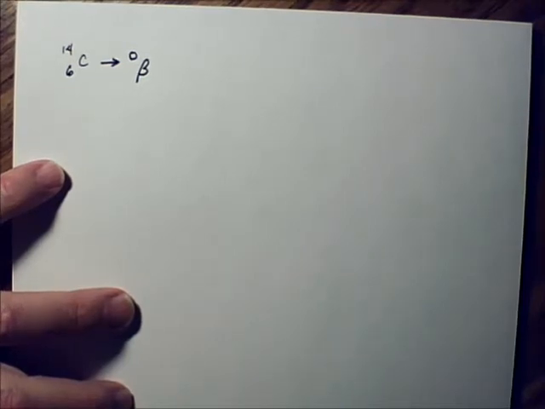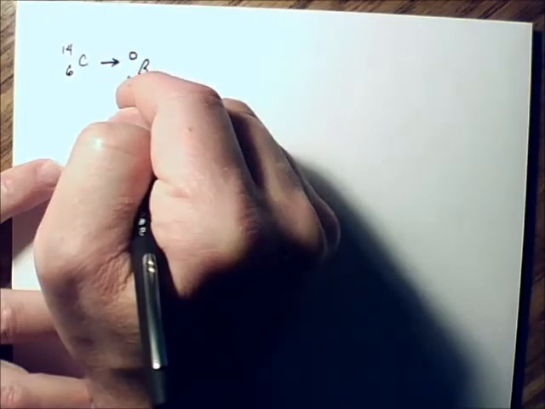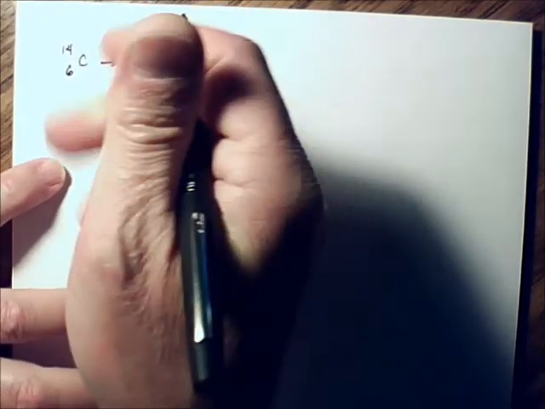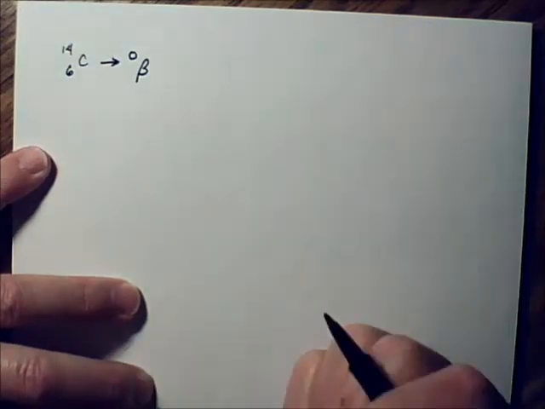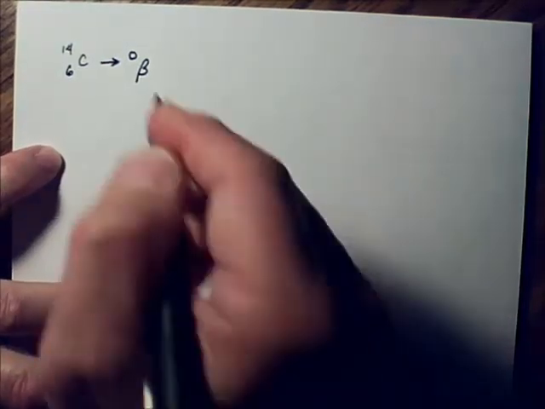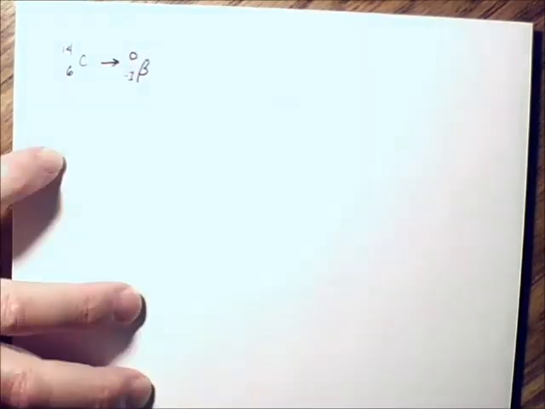We ignore it for practical purposes, okay? But to make the math work out, because emitting a beta particle comes out of a neutron and creates a proton, we'll show the atomic number as a -1. Okay?